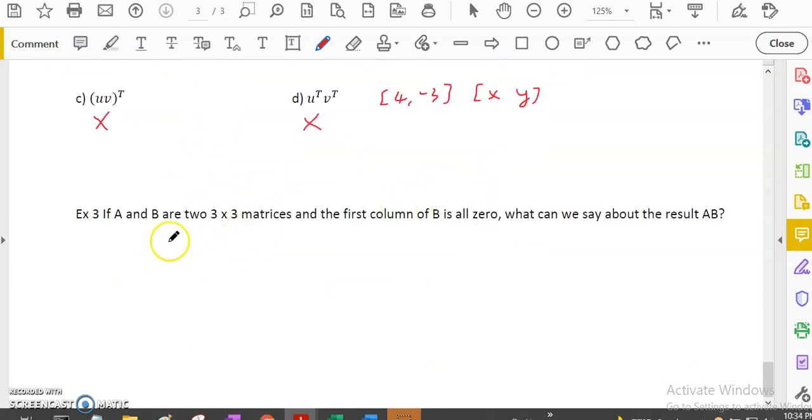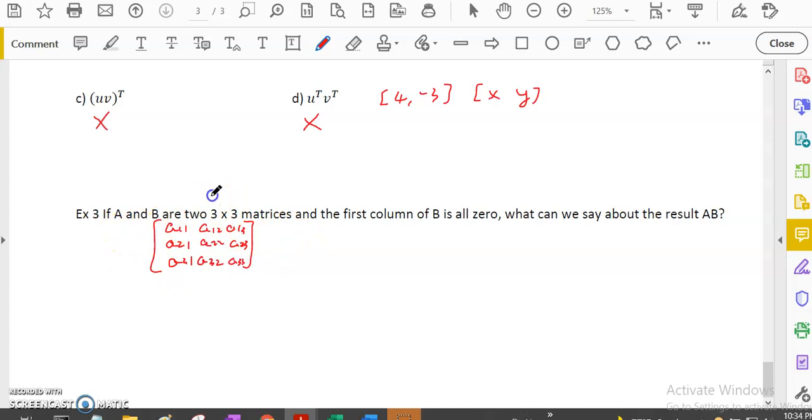The last example is if A and B are 3 by 3 matrices. So we can write the entries out: A11, A12, A13, A21, A22, A23, A31, A32, A33.